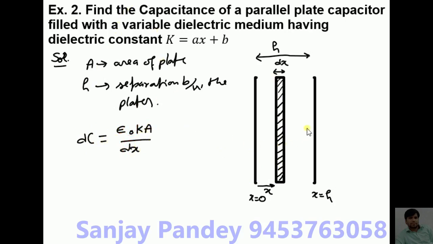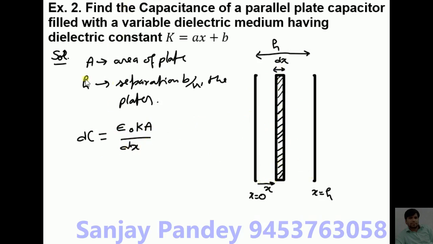Now whole dielectric medium can be considered as a series combination of such strips starting from x is equal to 0 to x is equal to h. So net capacitance is given by 1 upon C is equal to integration of 1 upon dC.